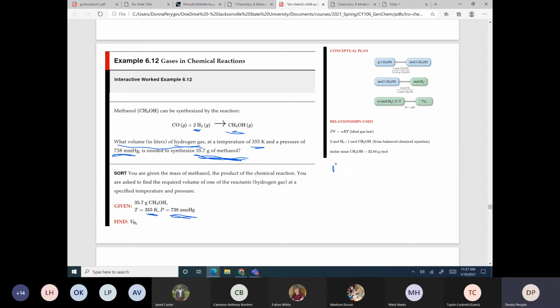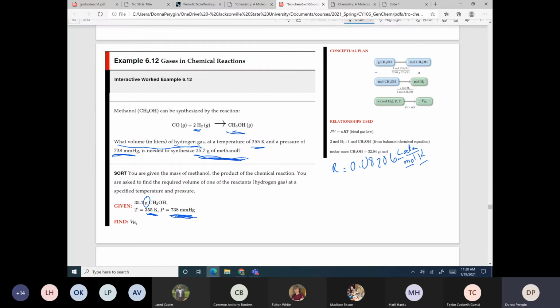Remember, our R is equal to 0.0821 liters atmospheres per mole Kelvin, right? And so we need our units in liters, atmospheres, moles, and Kelvin, okay? Our temperature's in Kelvin, but we need our pressure in atmospheres, and we need to convert grams to moles in order to do these calculations.